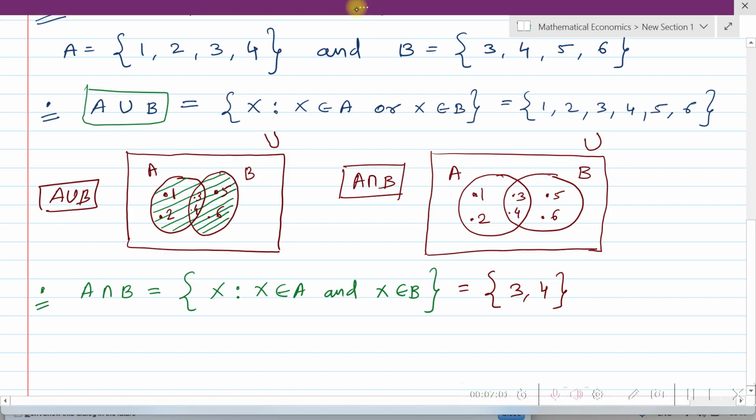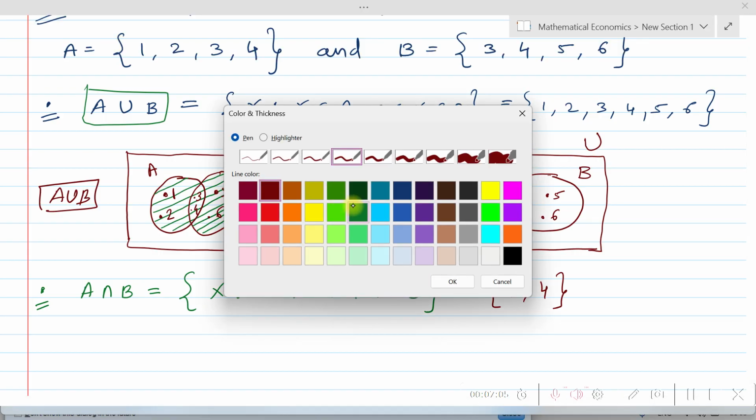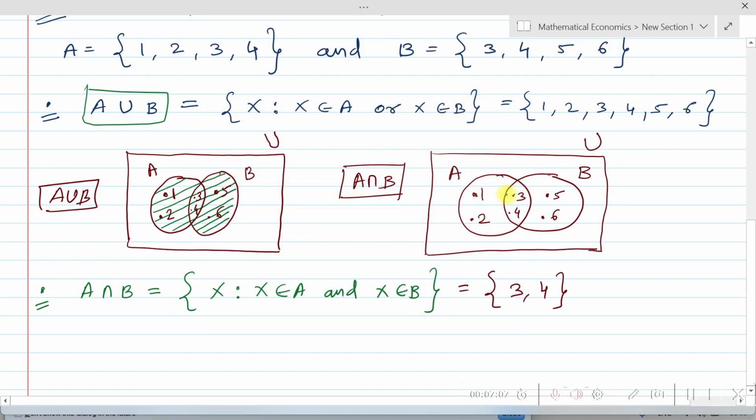Right? So now you can see the shaded area in case of A intersection B. This is A intersection B. You can see the difference between A union B and A intersection B. So Venn diagrams help us to visualize the set operations.